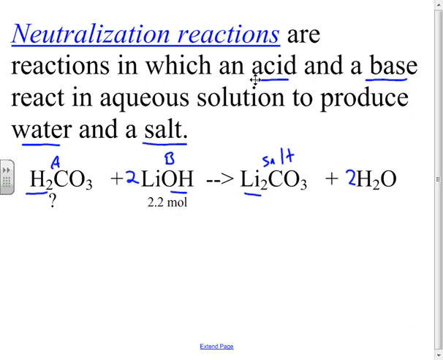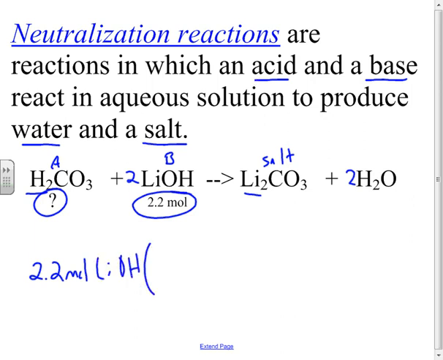For example, if I had 2.2 moles of lithium hydroxide and needed to know how many moles of carbonic acid were equivalent to that, I would take the 2.2 moles of the lithium hydroxide, multiply by the mole ratio, in this case a 1 to 2 mole ratio.